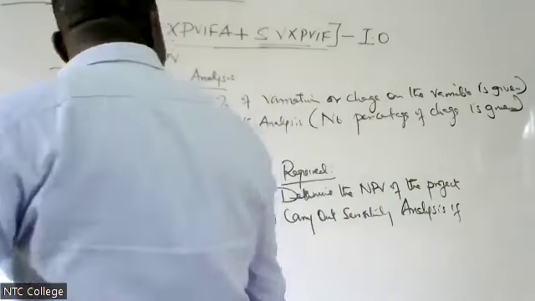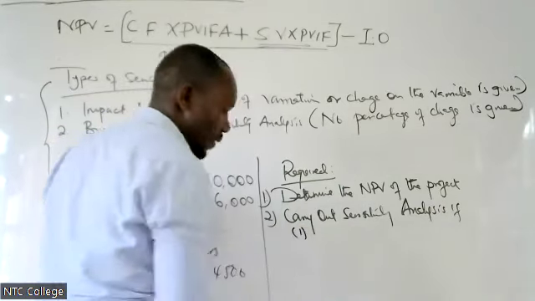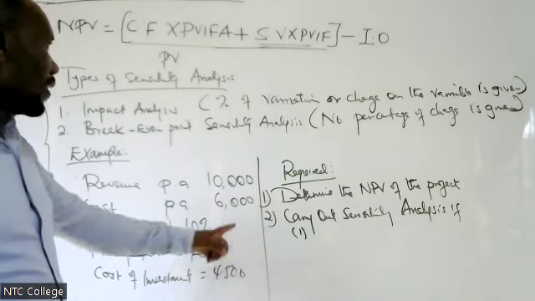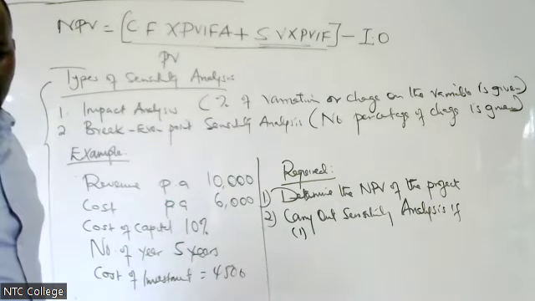That is the first question. Carry out sensitivity analysis if, Roman 1, perform sensitivity analysis. Now Roman 1 if, that is where the condition comes in that will guide you.